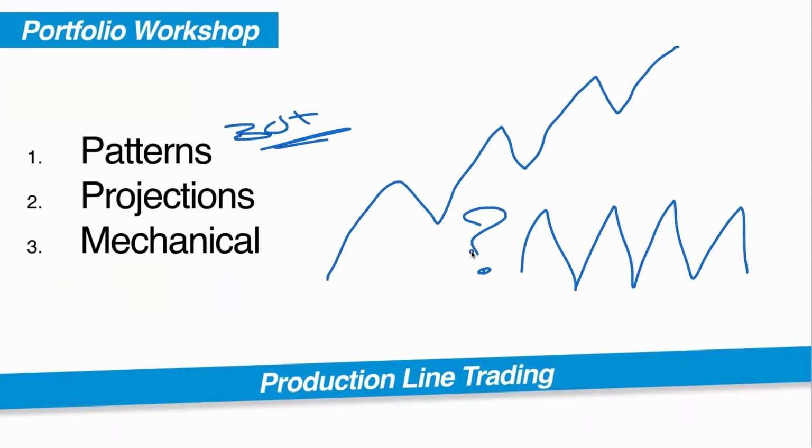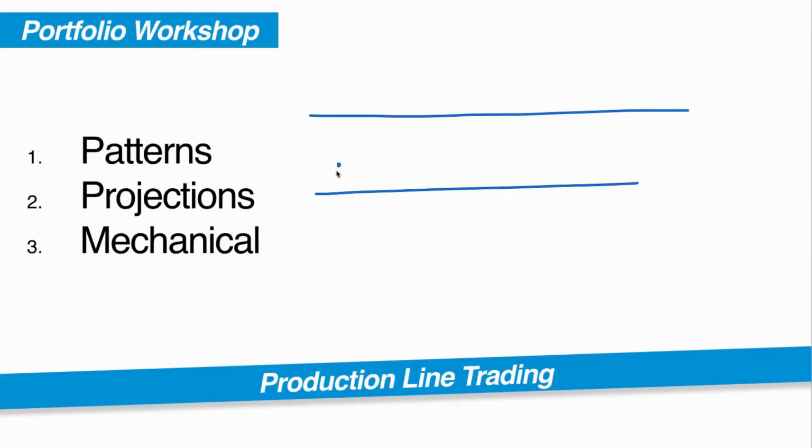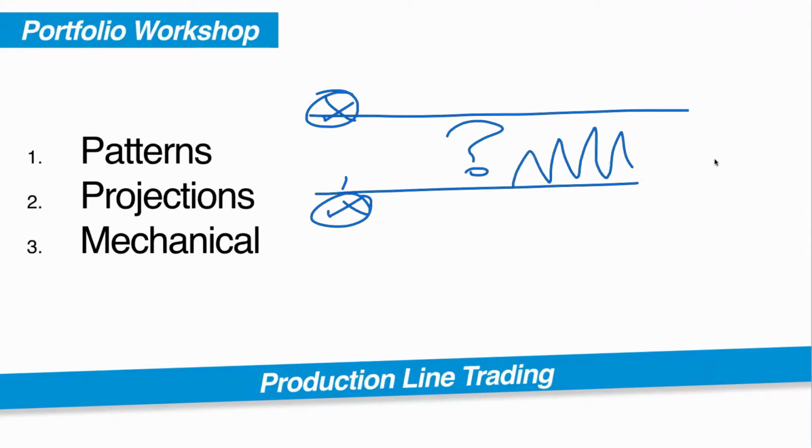All we need to do is say, price is in a range, and mark off the boundary high and the boundary low. Whether it's a consolidation, a channel, or whatever the name is, it doesn't matter.